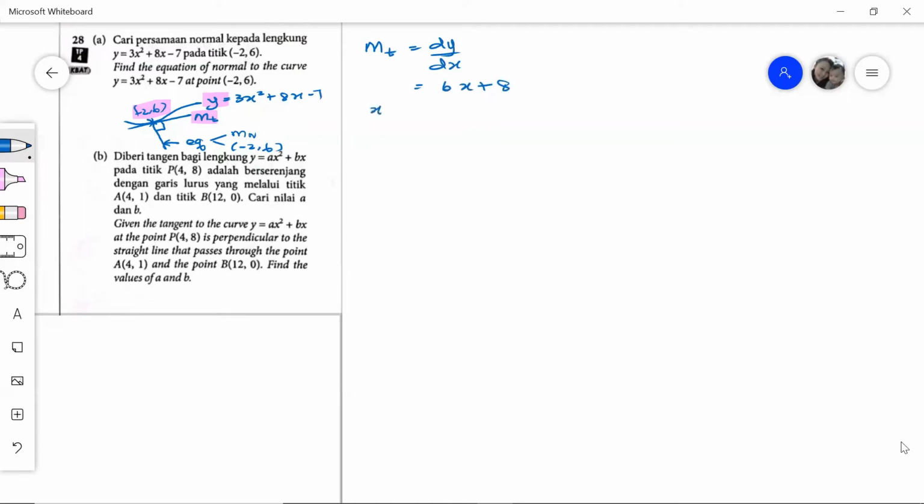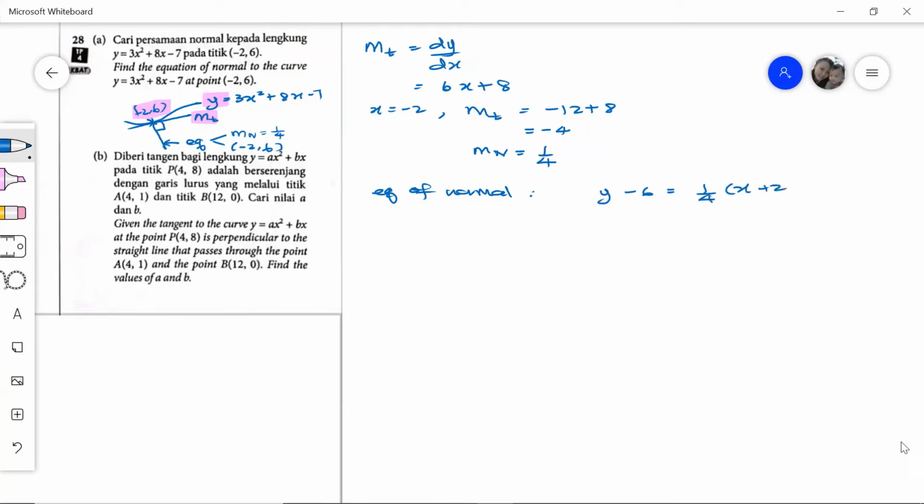And then when x equals -2, we sub in: the gradient of the tangent will be -12 plus 8, we have -4. So if the gradient of the tangent is -4, the gradient of the normal will be the negative of its reciprocal, so 1/4. And with that, now we can use this to find the equation of the normal. So the equation of the normal, we'll take y minus y1 equals m(x minus x1).